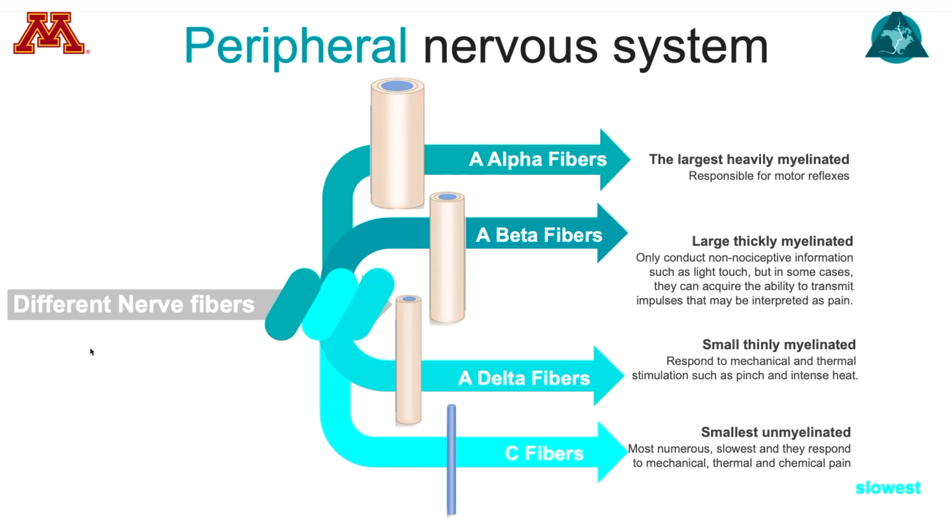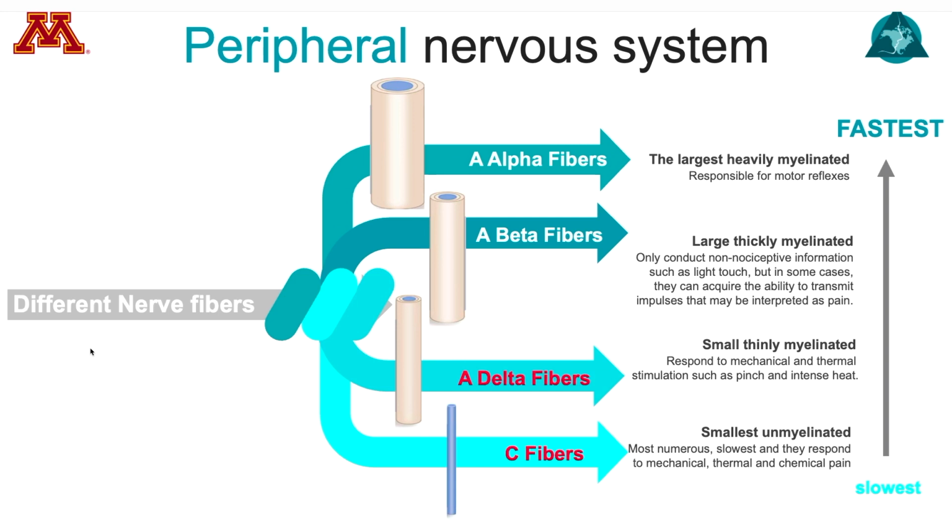And we know that as the fiber gets smaller in diameter and has less myelin sheath, it's slower. So the C fibers are the slowest. And as we go up, the A-alpha is the fastest. We will be mainly concerned about the A-delta and the C fibers, which transmit pain.